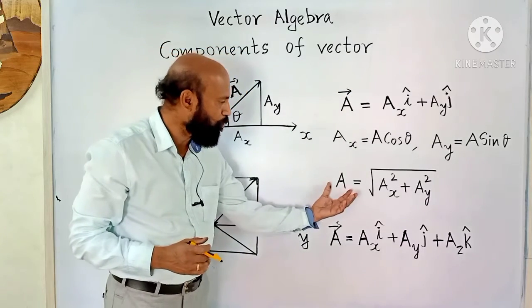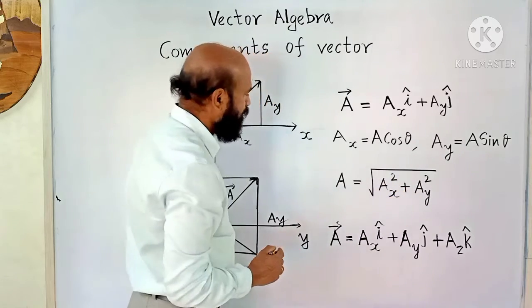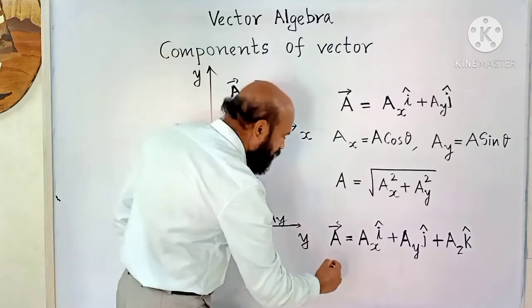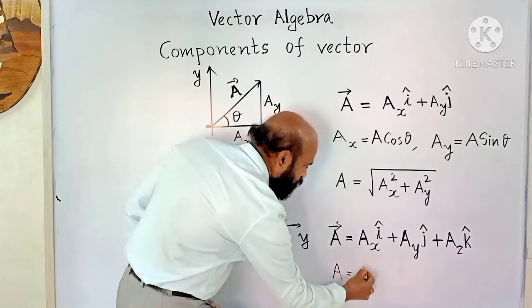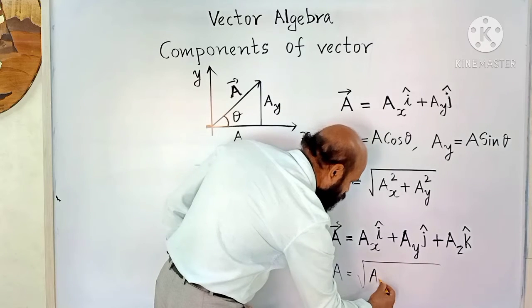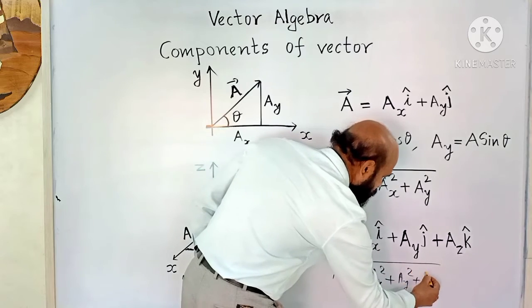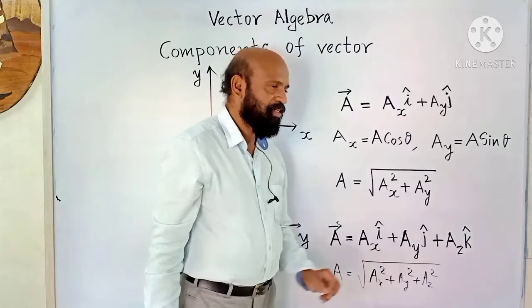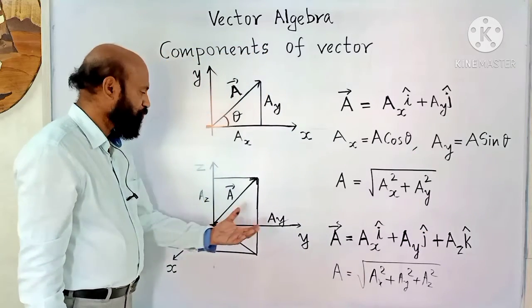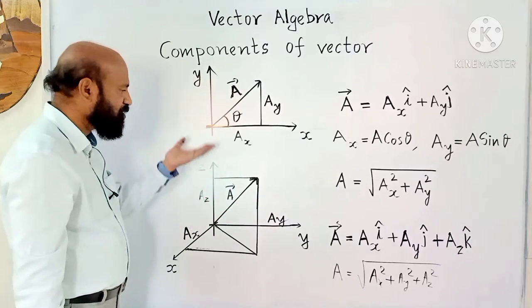So the magnitude of A is square root of ax square plus ay square. Similarly, in three dimensions, the magnitude of the vector is square root of ax square plus ay square plus az square, where ax, ay, az are the components of the vector along the x-axis, y-axis and z-axis respectively.